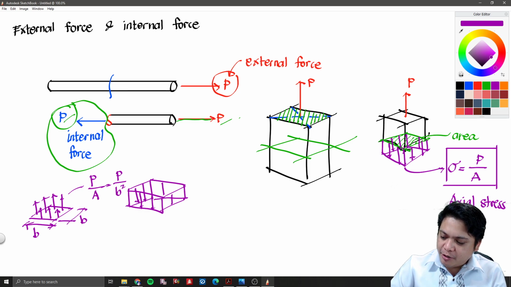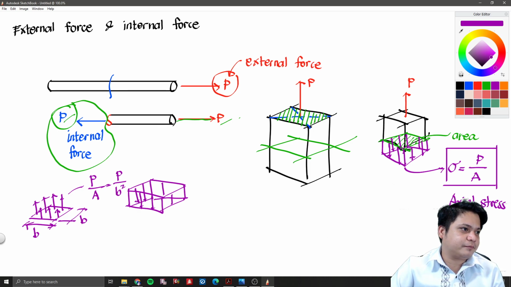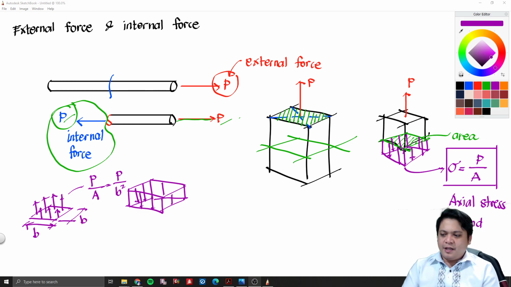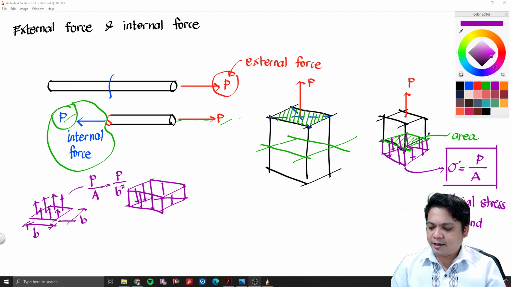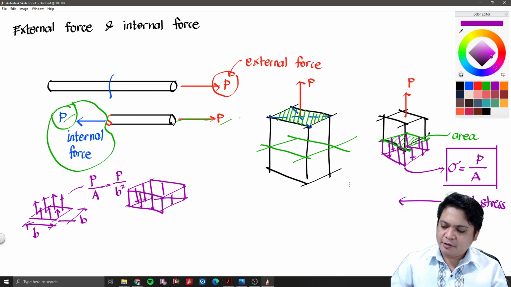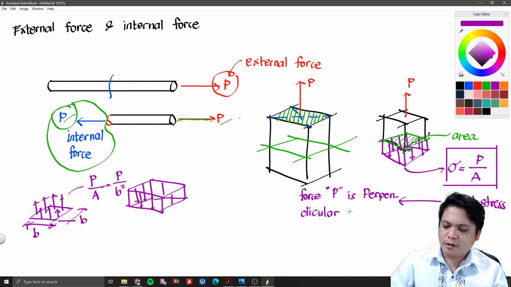So dapat yang force P is perpendicular to area. So, that is an axial stress.